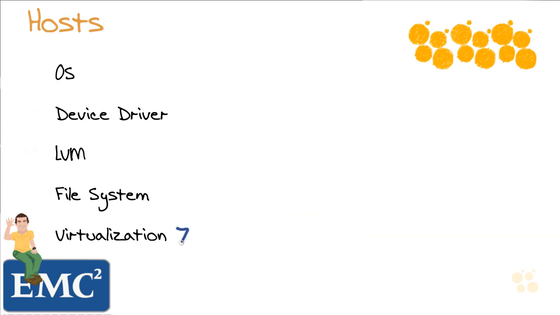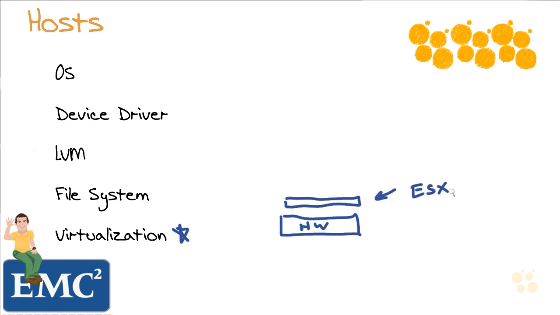And remember, I just can't emphasize enough the importance and how frequently we see virtualization today. Think about it. You could have your hardware, then you could have your virtualization layer. Let's say we're using ESXi, which is VMware's hypervisor product.